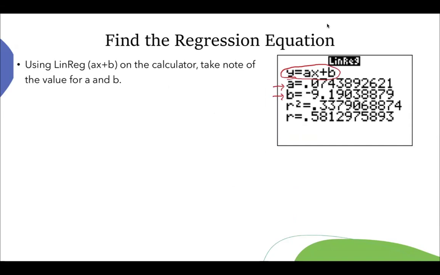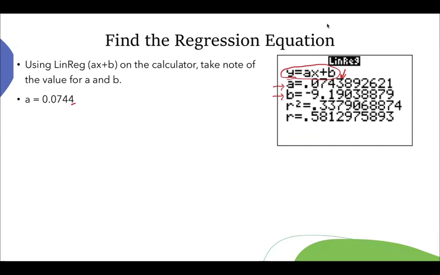X stays as a variable in the equation of the line, but a and b are constants. We're going to pull them out and round to 4 decimal places. So pulling out a, we have 0.074, and the reason why this is a 4 here is because we have an 8 after the 3, which makes us round that 3 up to a 4.